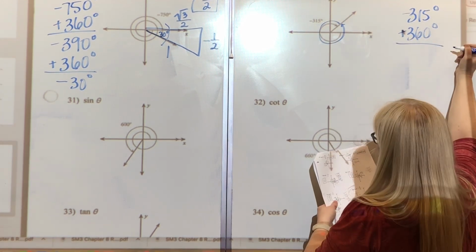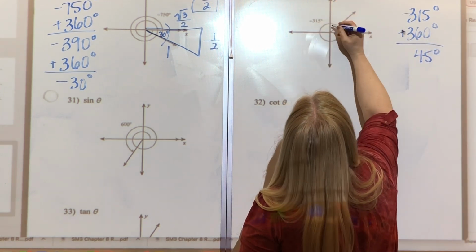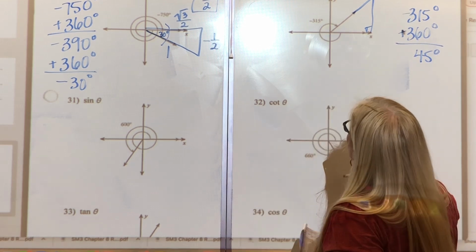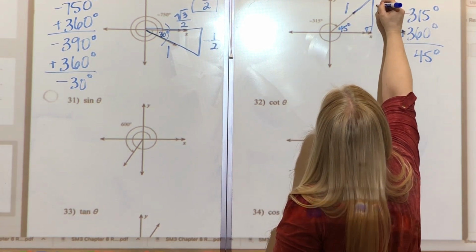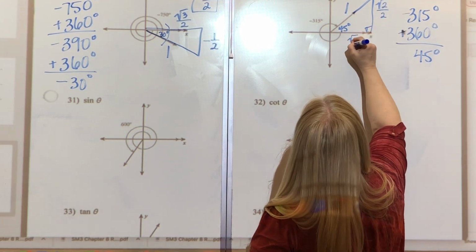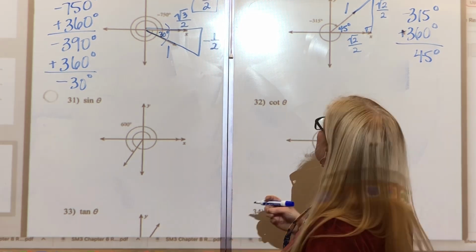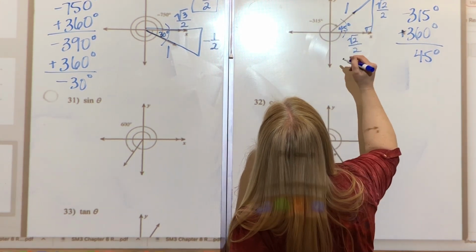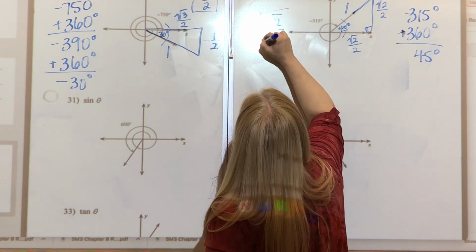And we get 45 degrees. So 45 degrees means 1 is my hypotenuse, √2 over 2 on this side, and √2 over 2 on this side, because it is an isosceles triangle. And cosine is my adjacent over my hypotenuse, which is just √2 over 2.